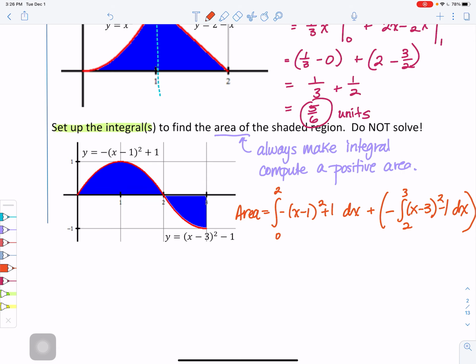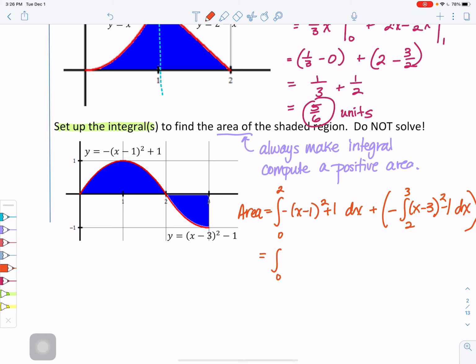Okay, and that's equal to the integral from 0 to 2 of the opposite of x minus 1 squared plus 1. And you could just say minus the integral from 2 to 3 of x minus 3 squared minus 1 dx.